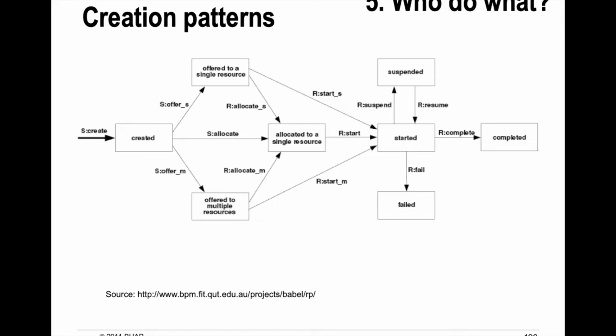So this is the state machine of a task: it can be created, offered, or assigned. It could be allocated to a single resource, offered to a single resource, or offered to multiple resources.